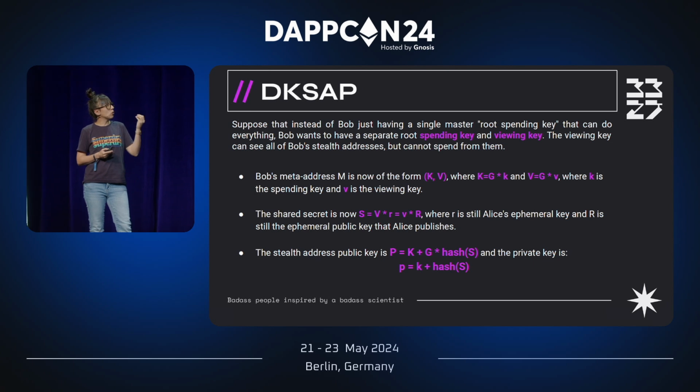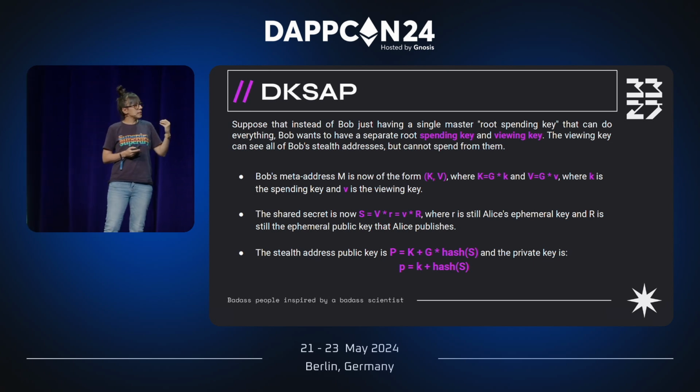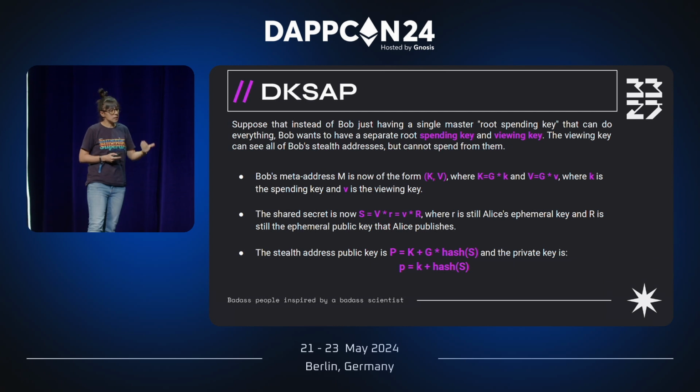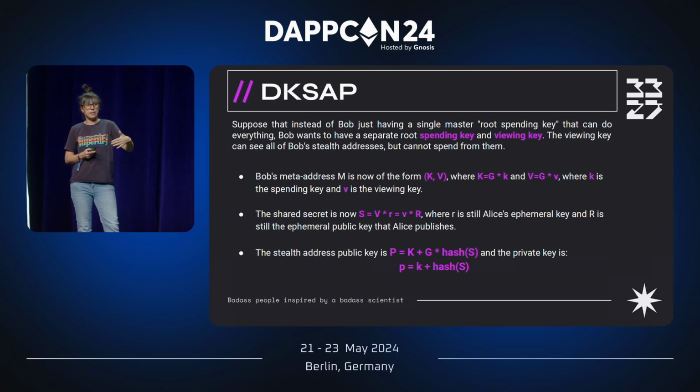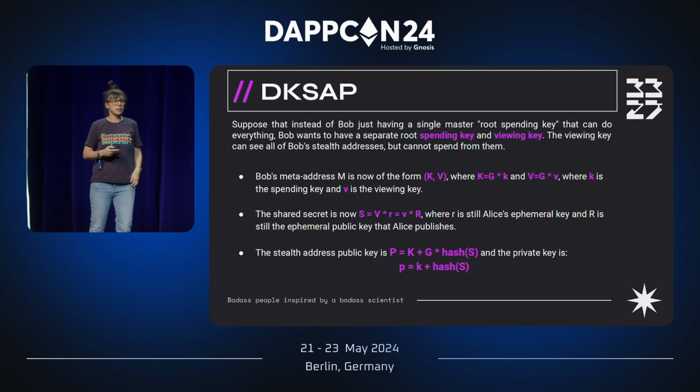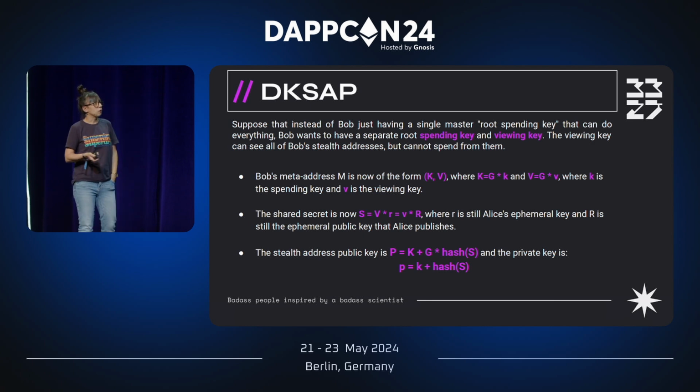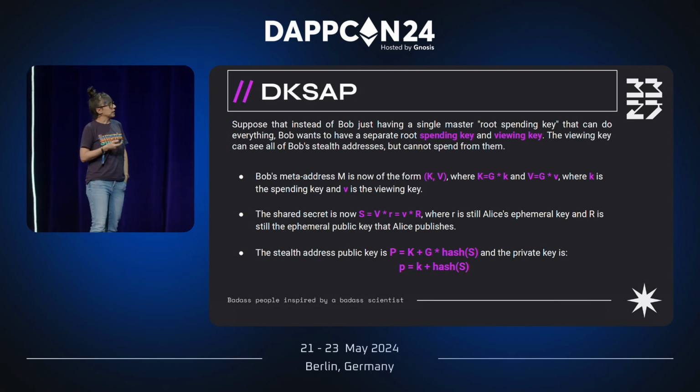And because of that, we include one more key. And this key we will give to the tax inspector. And with this key, the tax inspector can see all our stealth addresses, and he can calculate all the taxes that we paid for these transactions, for example.